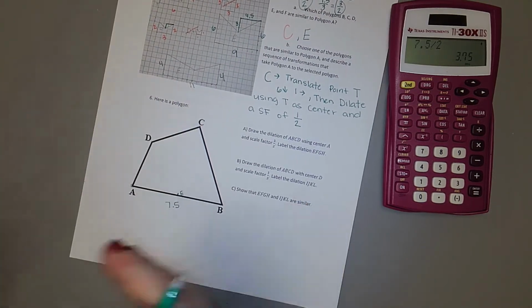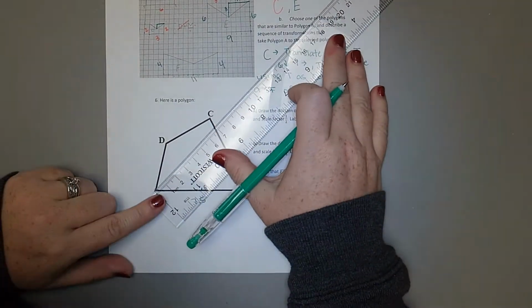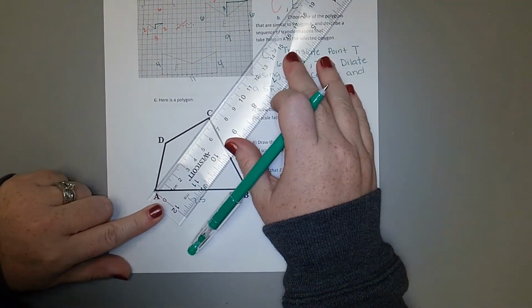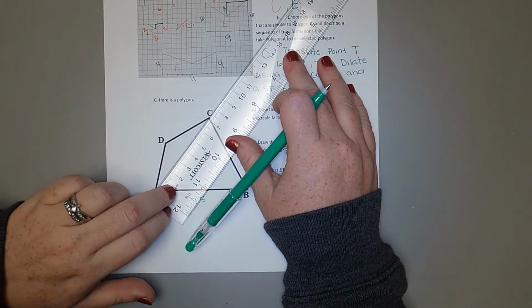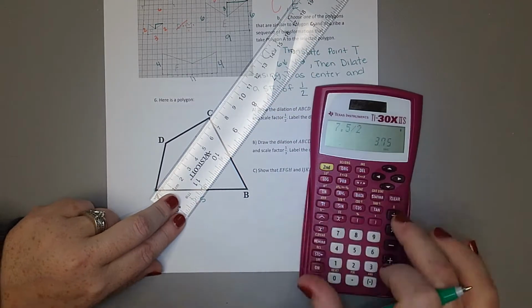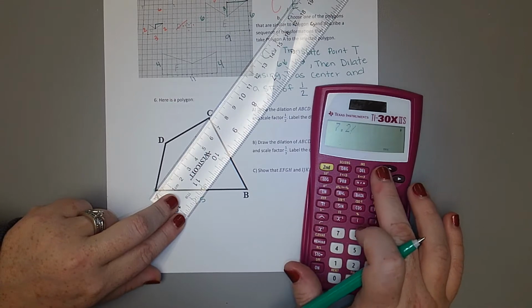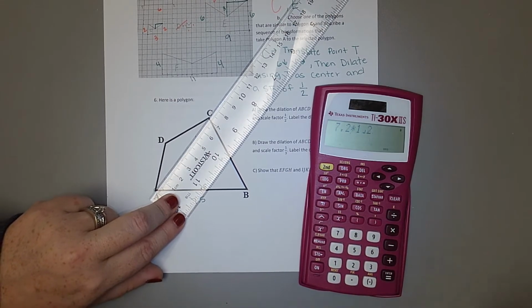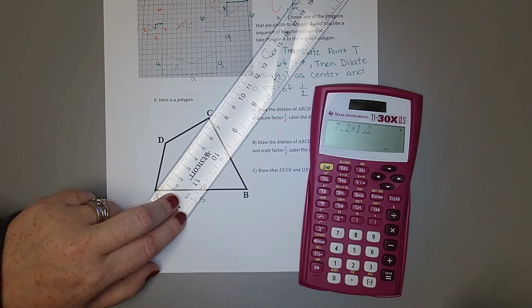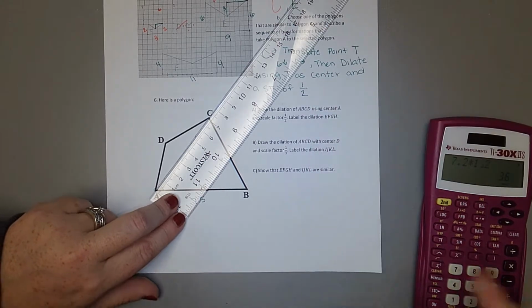A to C is 7 2/10. So 7 2/10 times 1/2. It's the same as dividing by 2, but we're doing scale factors, so we're going to multiply by 1/2, is 3 6/10.